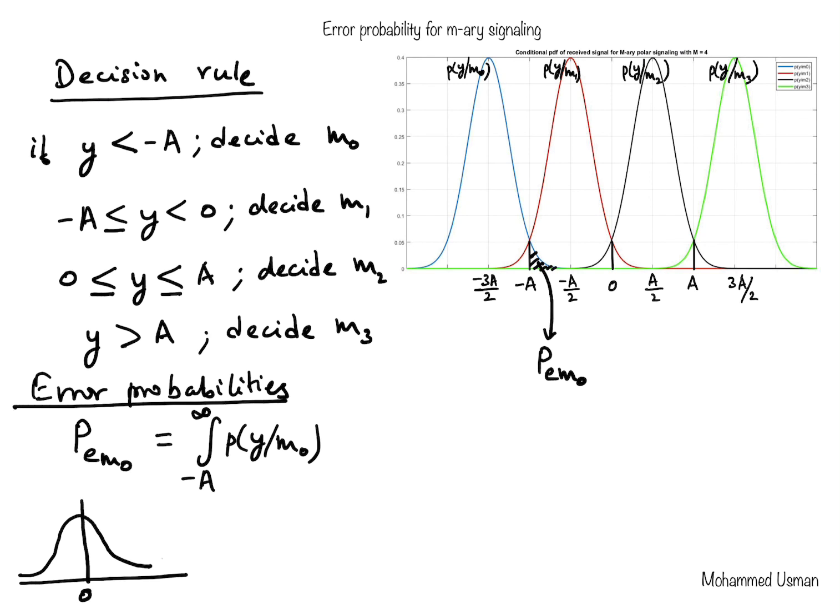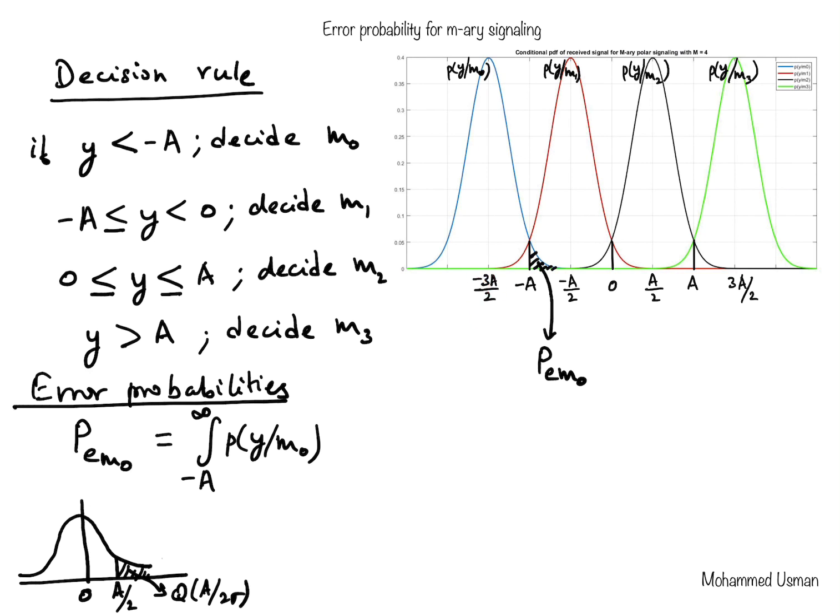When it is centered on 0, and if we have some threshold here, if we call this A by 2, then the area here can be written as Q of A by 2 sigma, provided that this is centered on 0. Now, the PDF that we have here for M0 is not centered on 0. It is centered on -3A by 2.